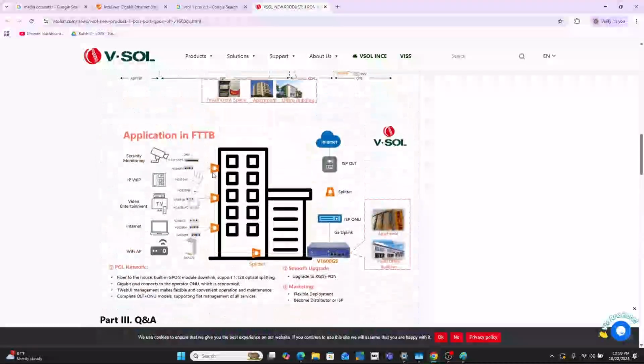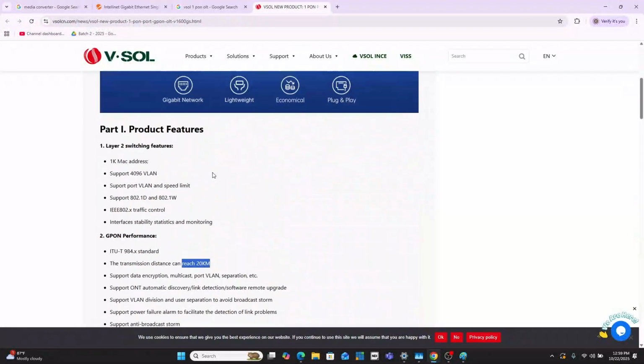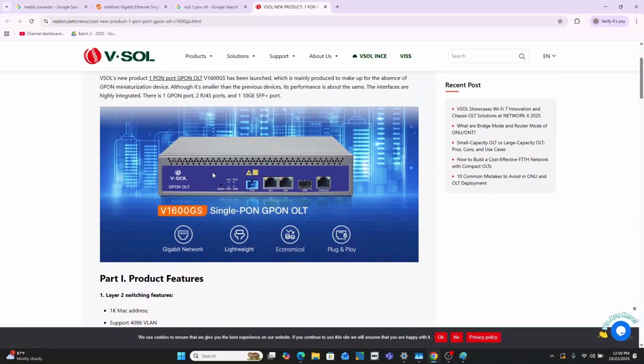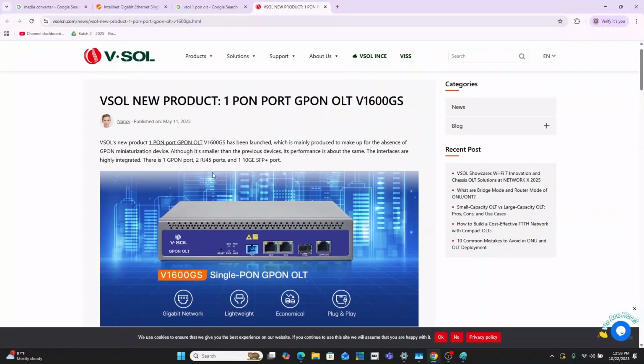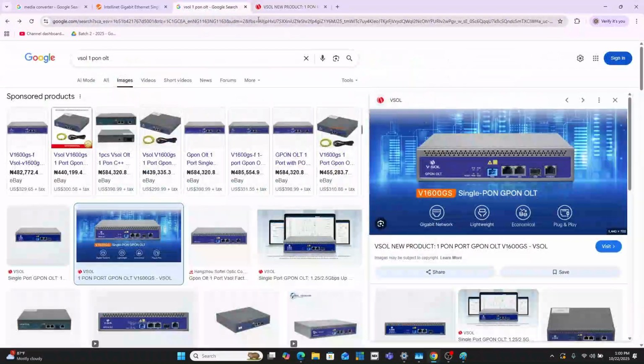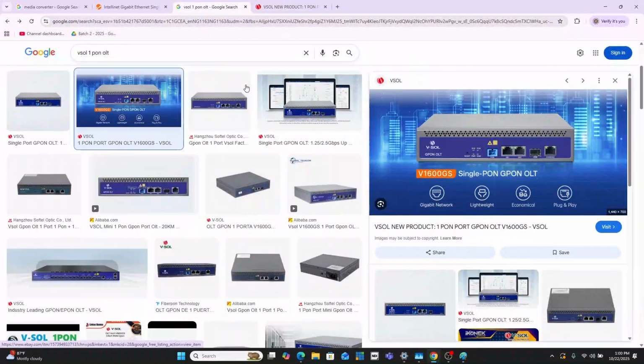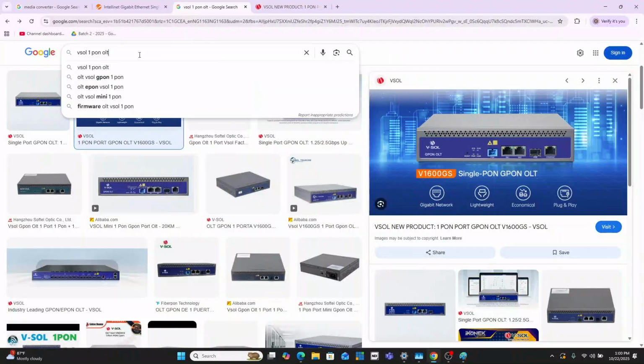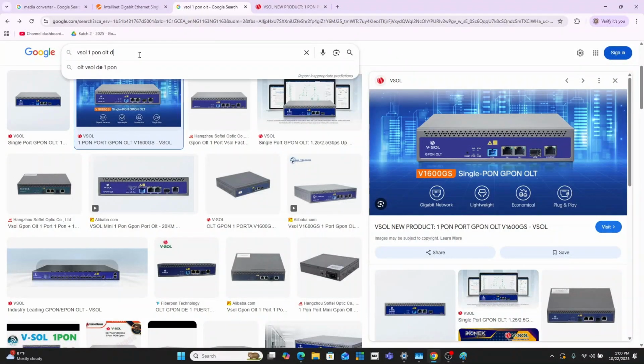I'm looking out for the downlink speed. Let me just put in the keyword downlink or downlink speed.